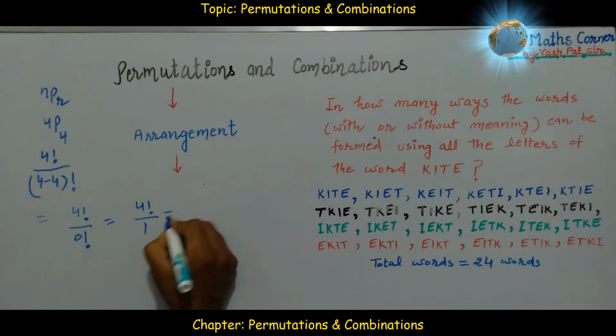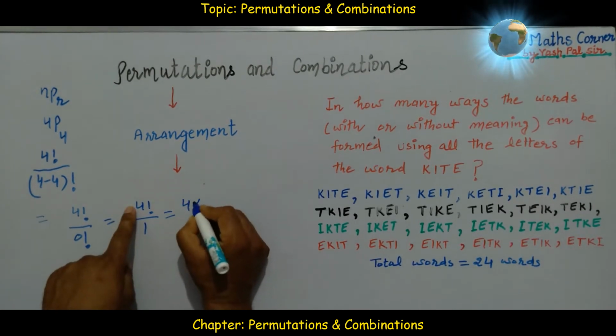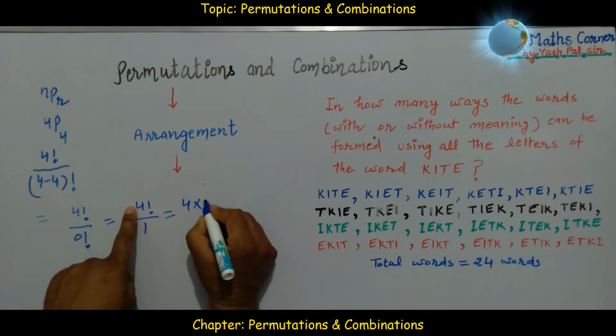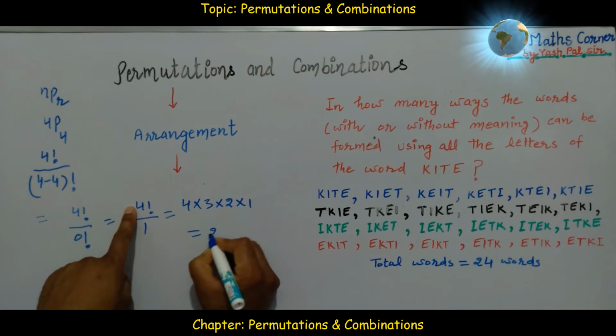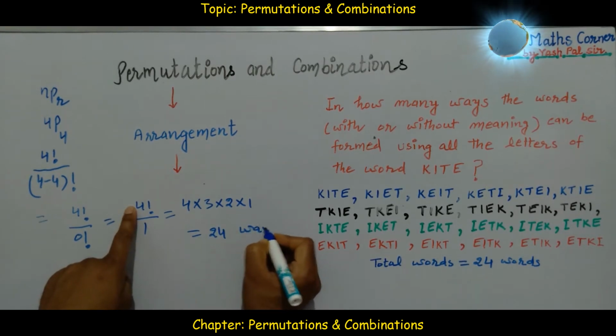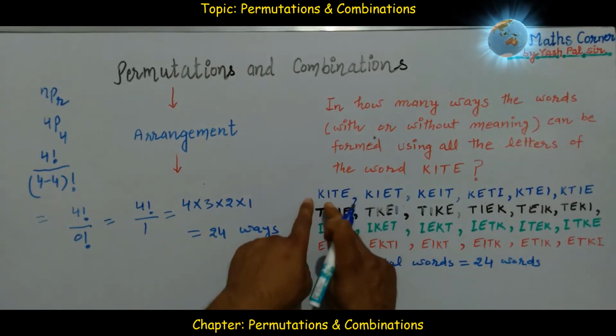So 4 factorial means from 4 up to 1, we multiply all the natural numbers: 4, 3, 2 into 1. The answer is again 24 ways.